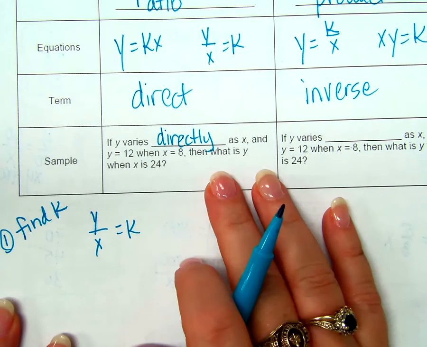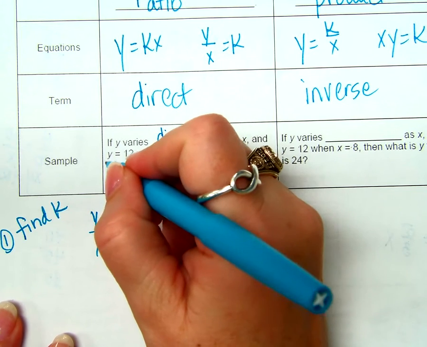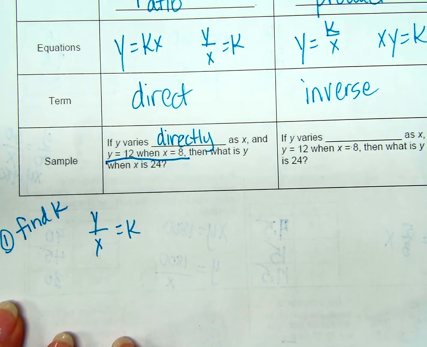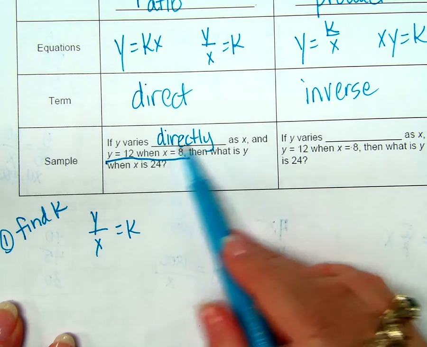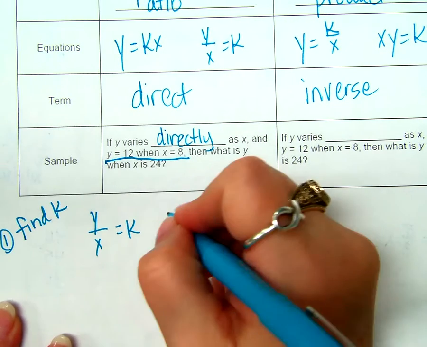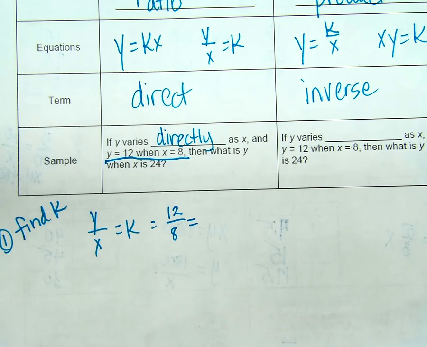Now, do we know a y value from what we're given? We're given a pair, right? Y is 12 and x is 8. We know it varies directly when y is 12 and x is 8. So if I put in a 12 here and an 8 here, that should give me k, shouldn't it? In this problem, what is k?